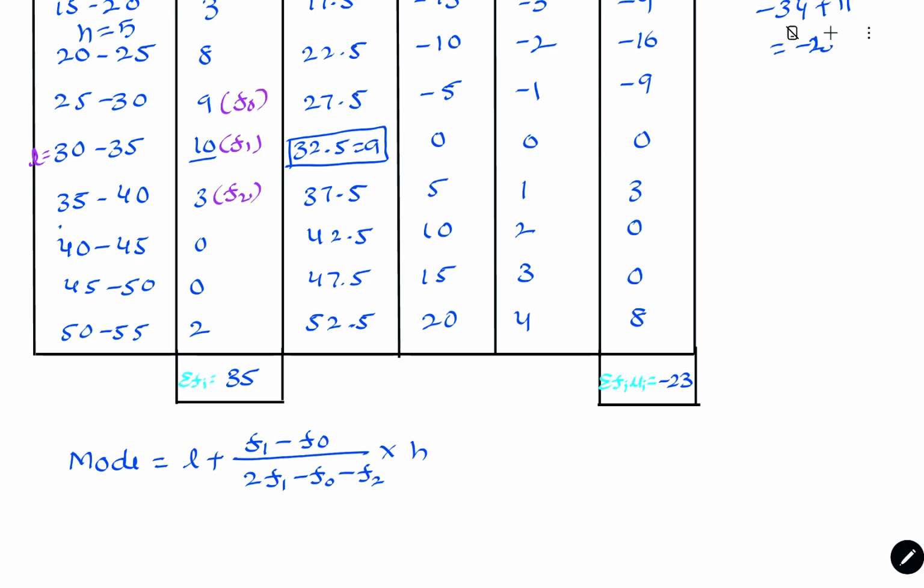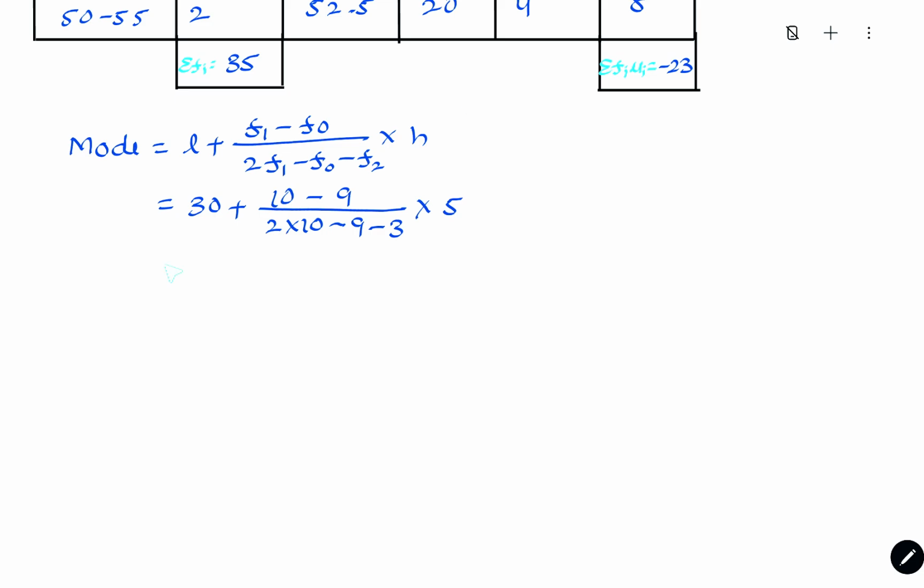Now substitute these values in the formula. Here L is 30 plus f1 is 10 minus f0 9, by 2 into f1 10 minus f0 9 minus f2 3, into height 5. 30 plus 10 minus 9 is 1, by 2 into 10 is 20 minus 9 minus 3 is 12, into 5.